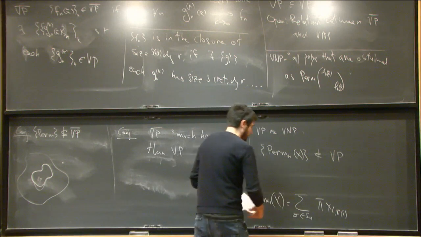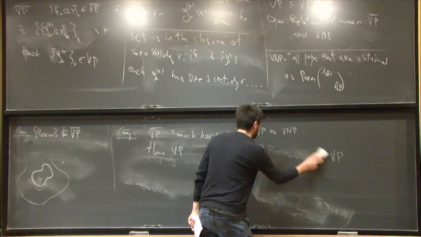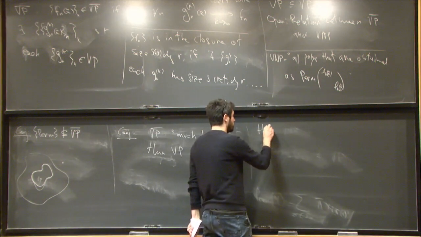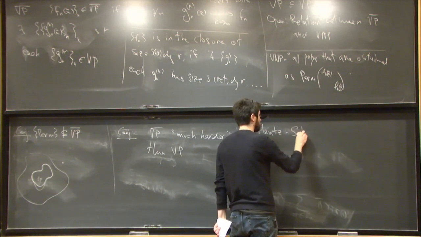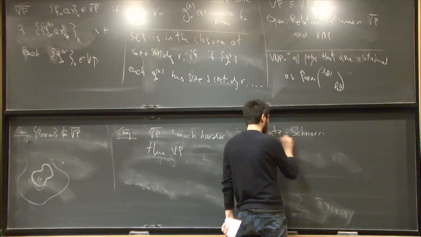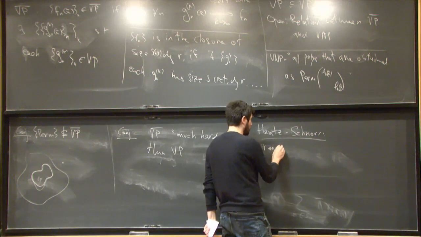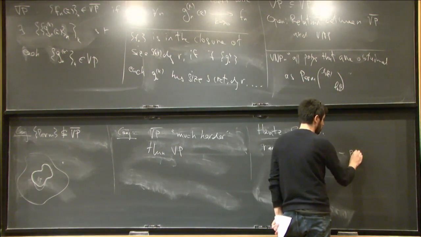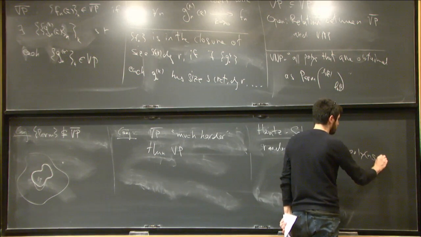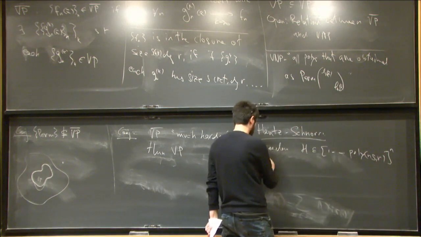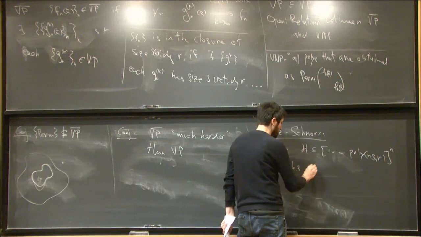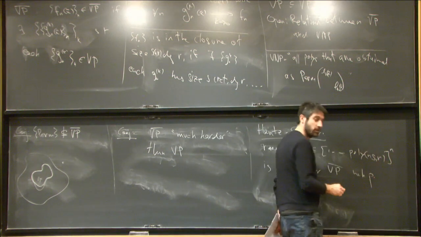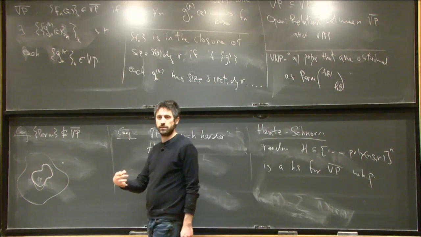But it turns out that the same result of Heintz-Schnorr, with exactly the same proof, says that a random set H contained in, let's say, 1 to poly(n) to the power of some constant, is a hitting set for VP bar with high probability. So exactly the same result, the same parameters.